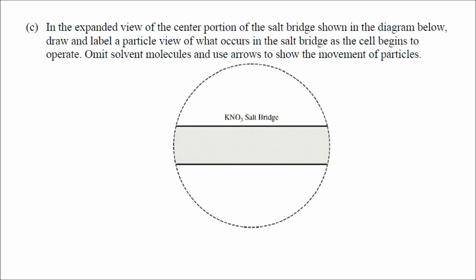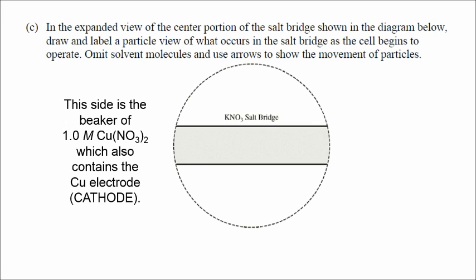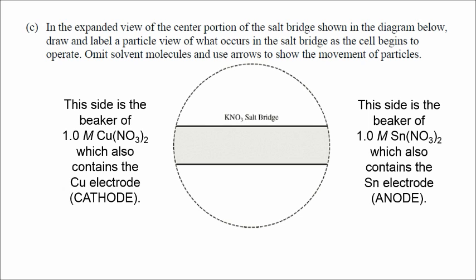Remember that ions are traveling through the salt bridge. We have the cathode on the left, and the anode on the right. So the potassium ions, the cations, are traveling toward the cathode, and the nitrate ions, the anions, are traveling toward the anode. So that's what they were looking for.